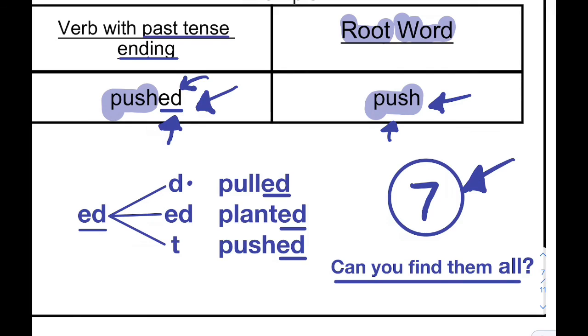ED makes the D sound, like in the word pulled. It also makes the ed sound, like in the word planted. Hear that ed sound in planted? It also makes the t sound, like in our word pushed.